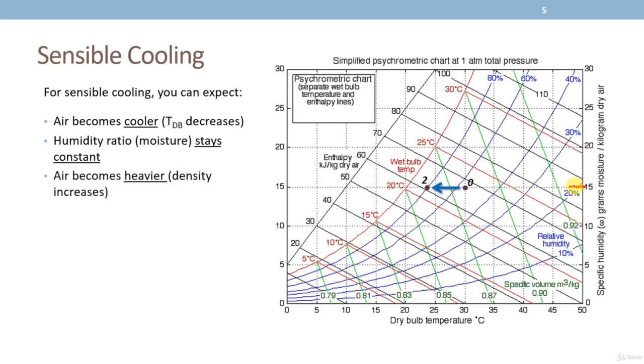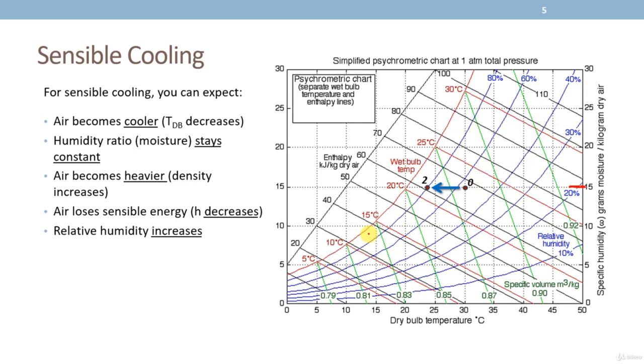The air will become heavier as we mentioned, hot air rises, cold air sinks. This is because the specific volume in the psychrometric chart actually decreases when it moves to the left. The air loses sensible energy, and in this case, the specific enthalpy has dropped from 67 maybe all the way to around 61.